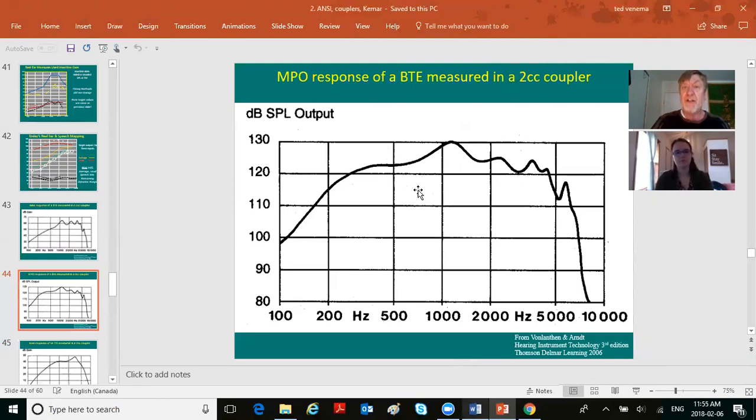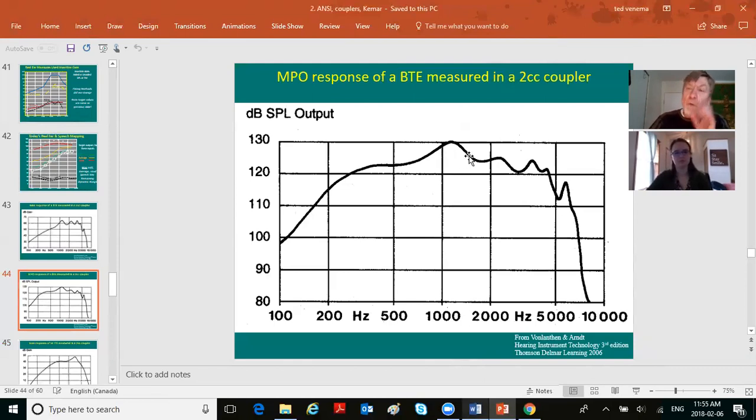Now look at this carefully, because the second thing that OSPL90 looks at is not just the curve and not just the peak, but also the HFA, high frequency average. So you're looking at the output at 1,000 hertz. Mark it down. Here it would be 130, something like that. What's the output at 1,600? Follow my cursor, 1,600. You scroll up and you'd see it was probably about 125.